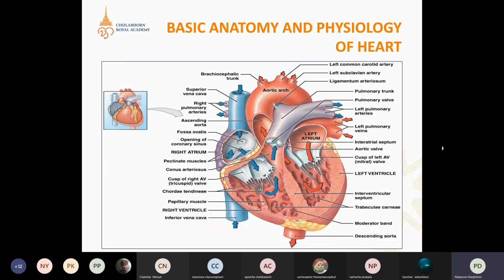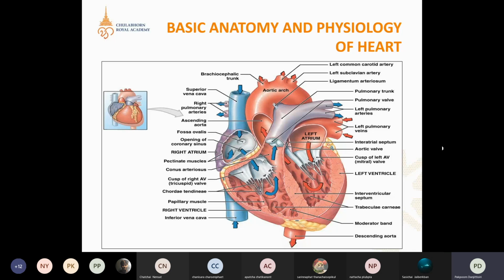to the heart, to the right atrium, which is the first chamber and will collect all of the oxygenated blood from around the body. After that, the blood inside the right atrium will be contracted into the right ventricle through a valve, which is called the tricuspid valve.